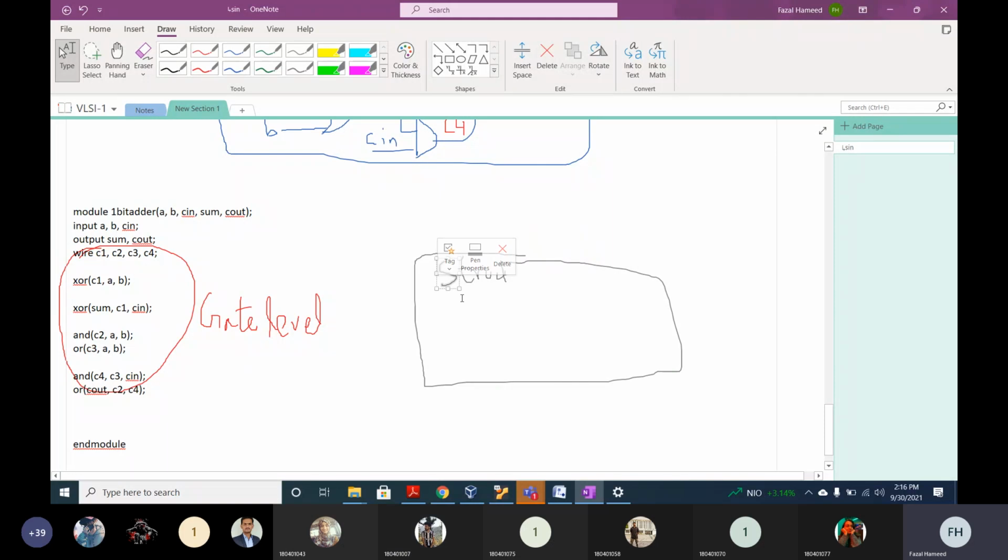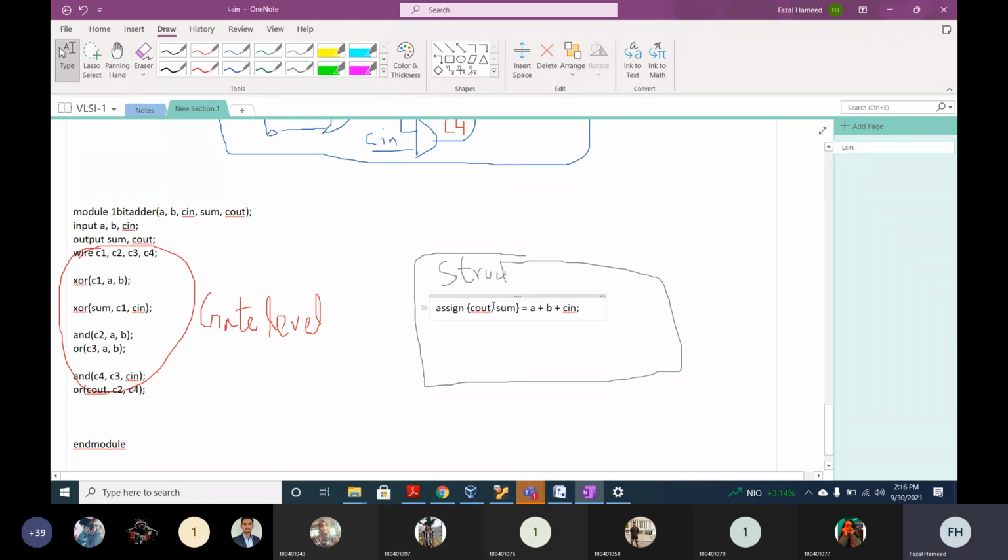The behavioral description was like this. If you remember that, assign cout comma sum is equal to a plus b plus c.